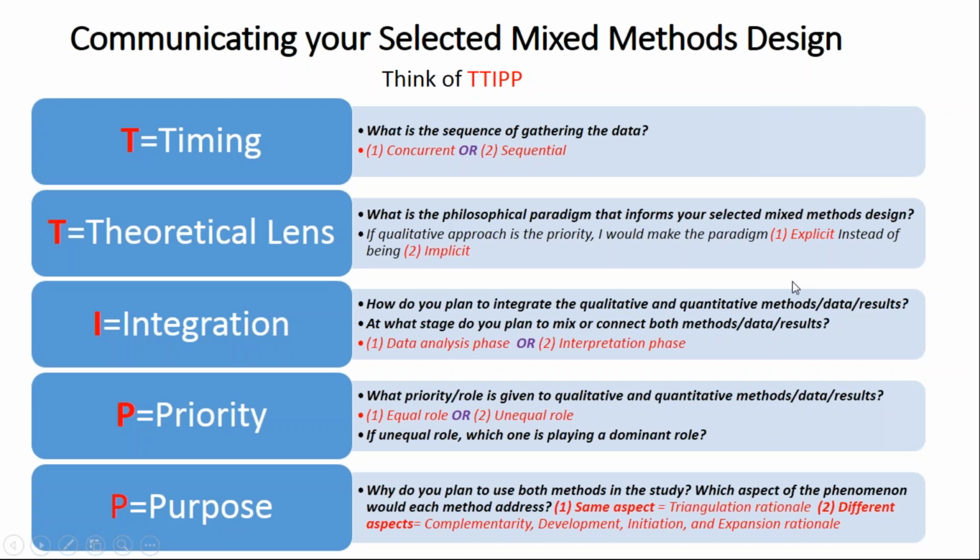You have to explain to people, or talk about, the philosophical paradigm that informs your design, right? If quantitative is dominant, you don't have to be explicit concerning your philosophical paradigm.